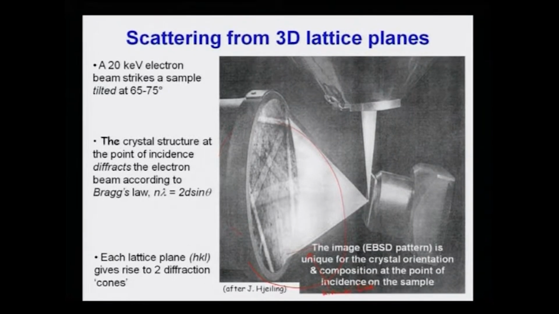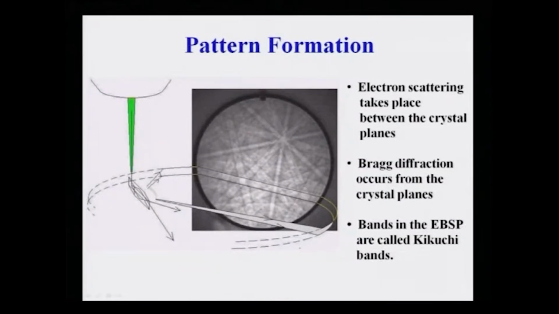This is a schematic. Obviously, one cannot image the electron beam using a normal camera, as the electron beam is invisible. It generates two cones, they fall on this phosphor screen, and the screen produces two lines. So, this is the origin of the Kikuchi or diffraction patterns.